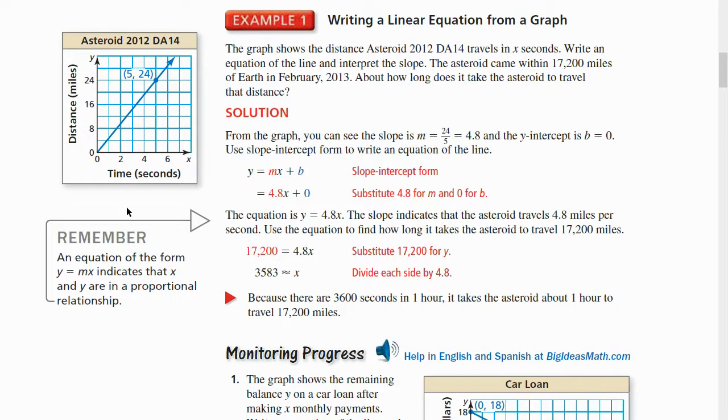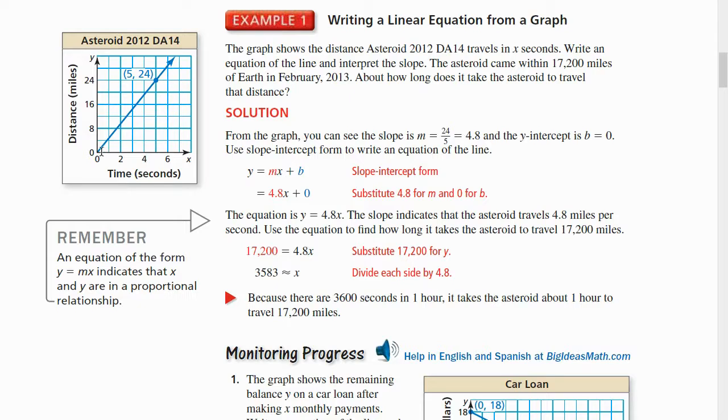So it's easy to figure out what these represent, because on the y-axis is miles, and on the x-axis is seconds. What is miles per second? That's the change in y over the change in x, miles per second. That would be the speed of something, and so this thing is obviously moving. When you're measuring how many miles something travels every second, it's moving.